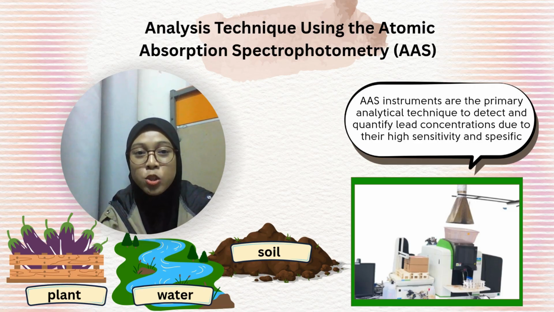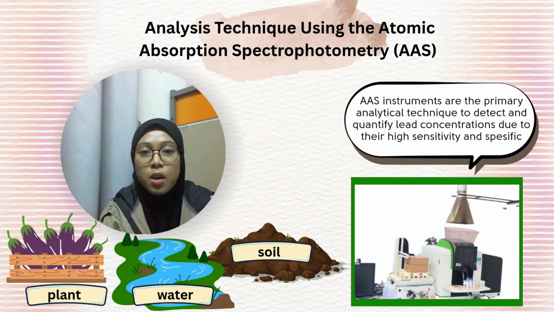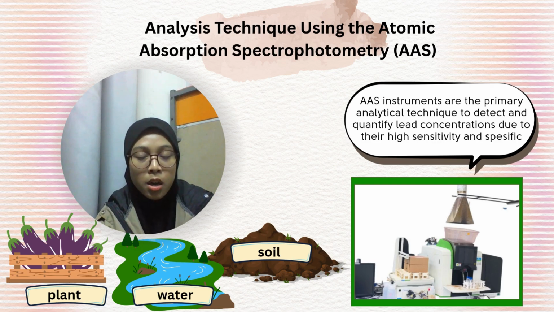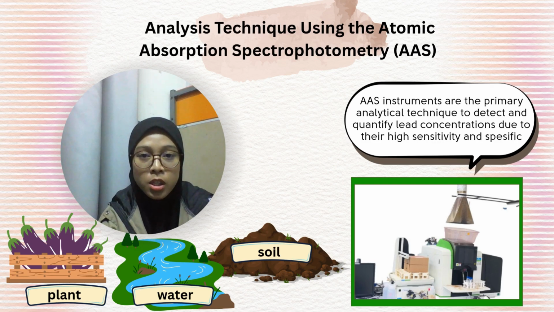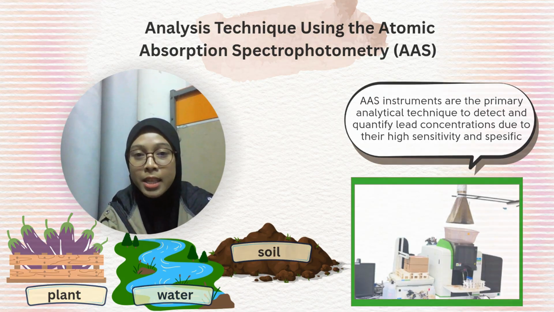Okay, AAS instruments are the primary analytical technique to detect and quantify lead concentration due to their high sensitivity and specificity. If the absorption is greater, the higher concentration of lead will be in the sample.